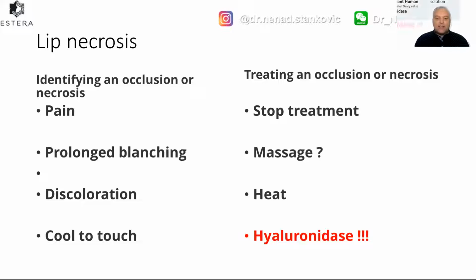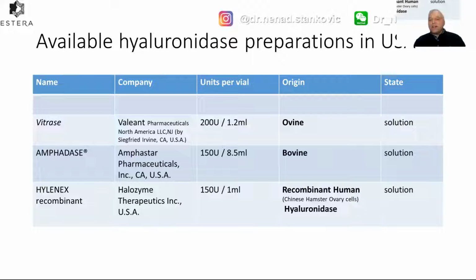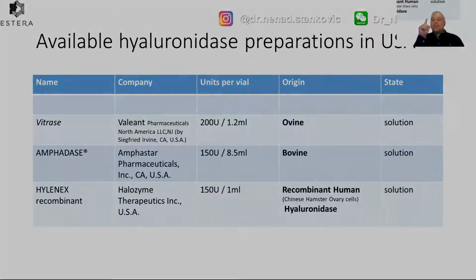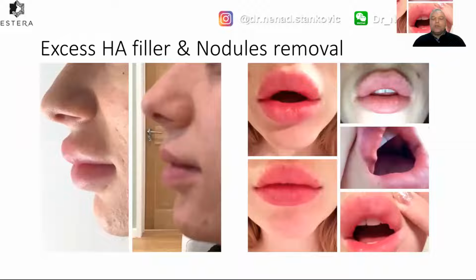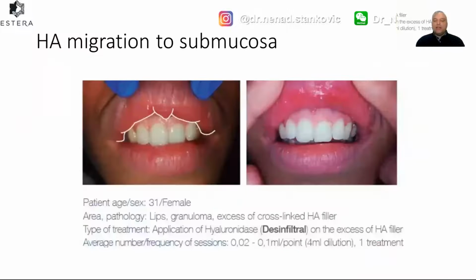Hyaluronidase is a must, definitely, and there are different ones depending on the country or continent. In the USA, we have the ones that are ovine, bovine, or even recombinant human hyaluronidase. And the interesting thing is it's always in a solution. So for patients coming with excess HA filler and nodules, we have to use the hyaluronidase, and we're going to remove that.